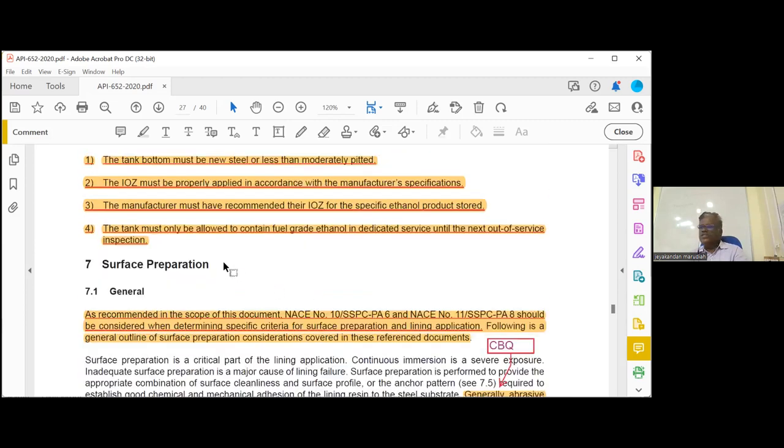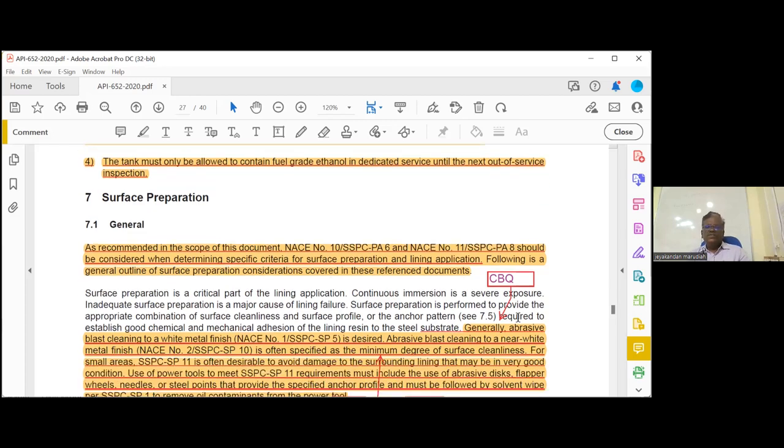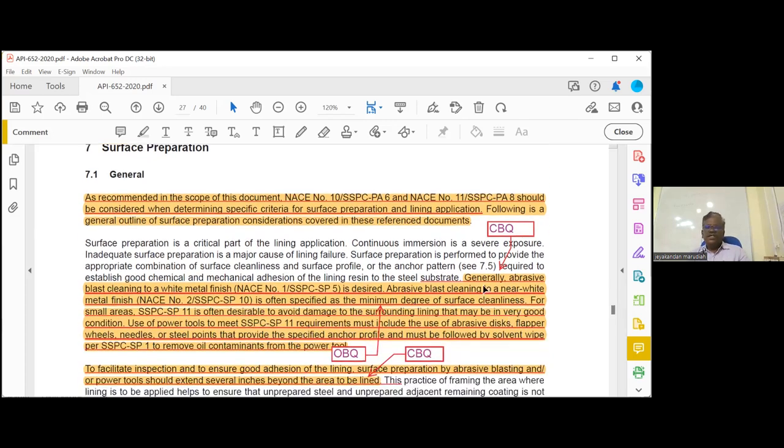Then we go to some general surface preparation. This is very, very important. The second paragraph here: generally, abrasive blast cleaning to a white metal finish, NACE SP5, is desired. Abrasive blasting to a near white metal finish, SP10, is often specified as the minimum degree of surface cleanliness. So SP5 white metal blast cleaning is the preferred one, but at least we have to go for near white metal blast cleaning.